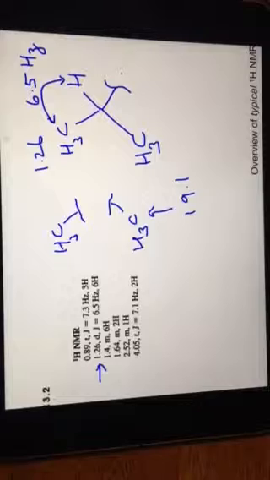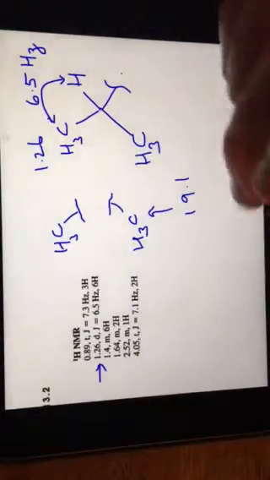Okay, so then from this point, let's go back to our ester functionality.